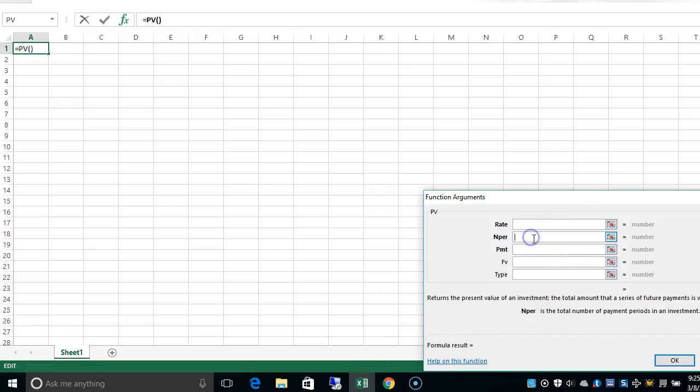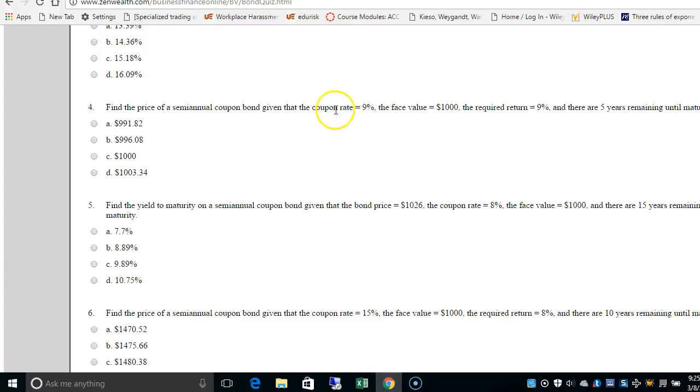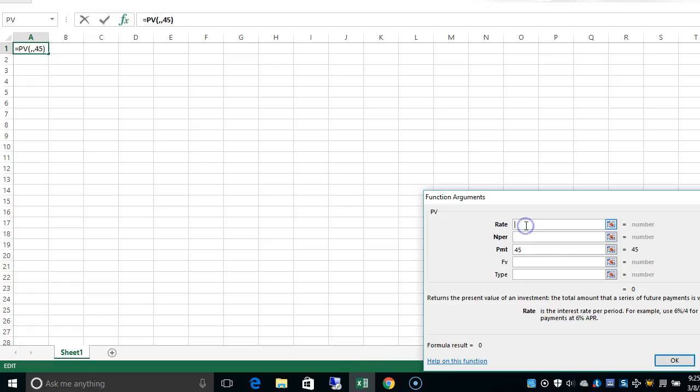So our payment is $45. Our rate of return is 9%, which is the same as the coupon rate. So it's 0.045 because it's semi-annual.